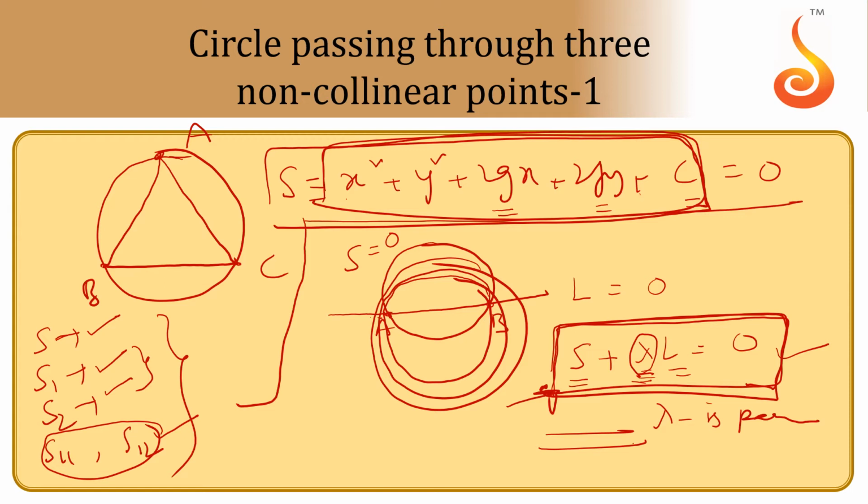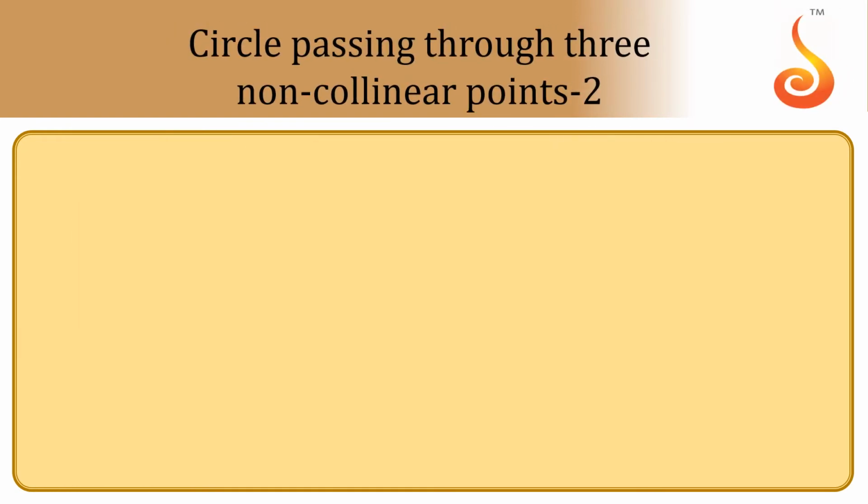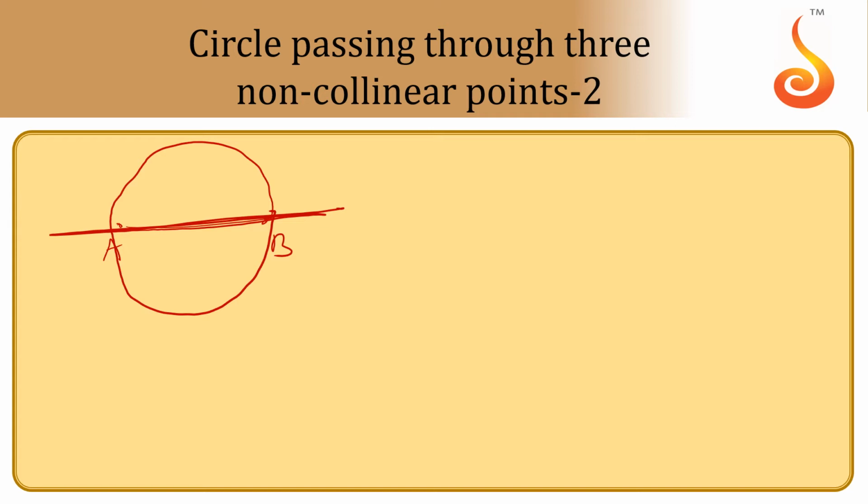Now let us use this concept here in our target. Our target is, A, B, C are 3 points. Through those 3 points I have to get the equation of the circle. So what I will do, first I will take any 2 points, let us say A, B or B, C, or your wish. Take those 2 points, and you know how to get the equation of the circle with AB as diameter.